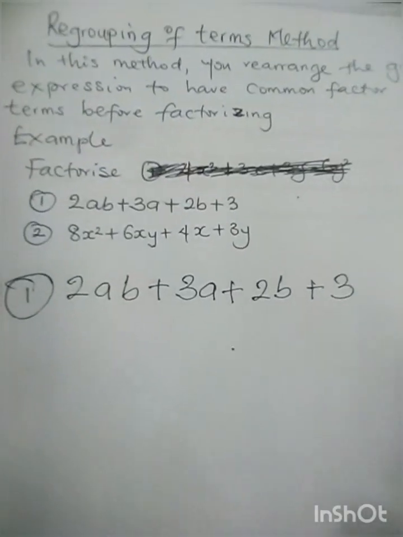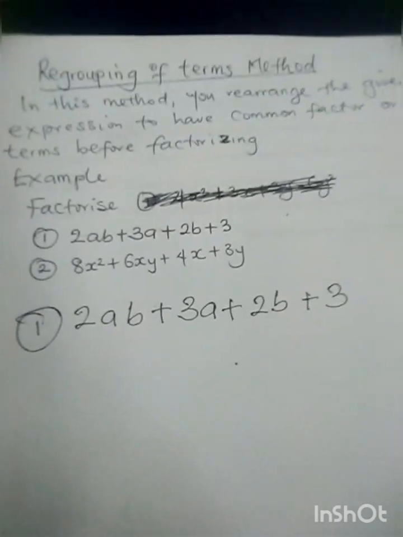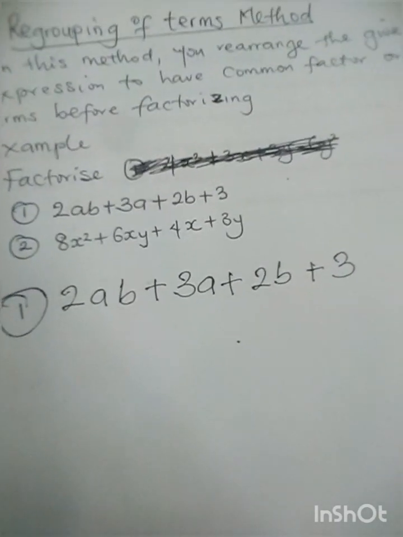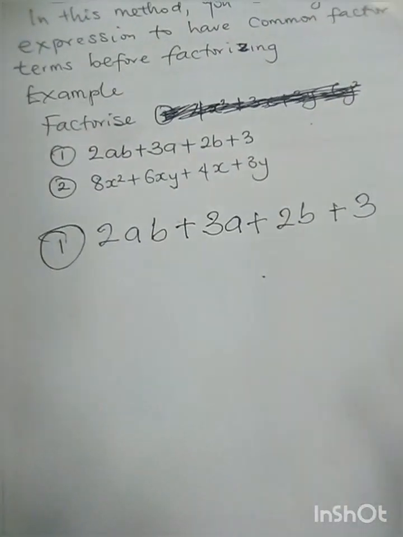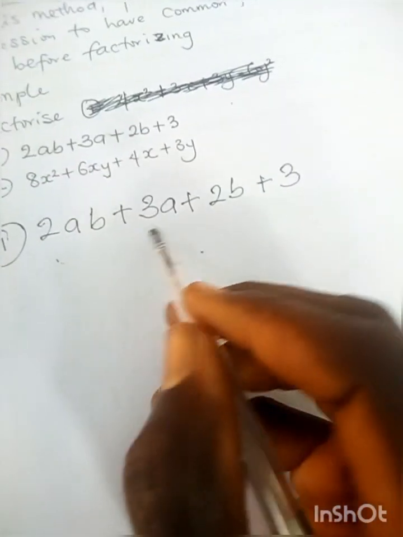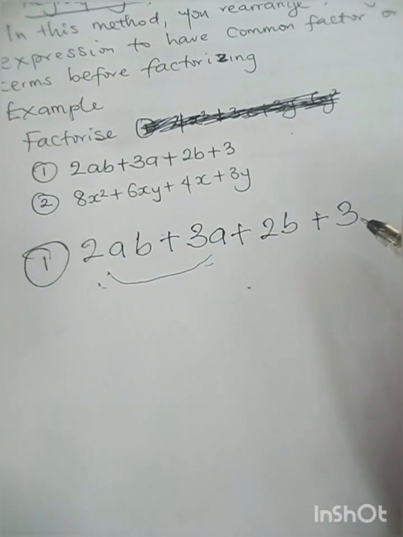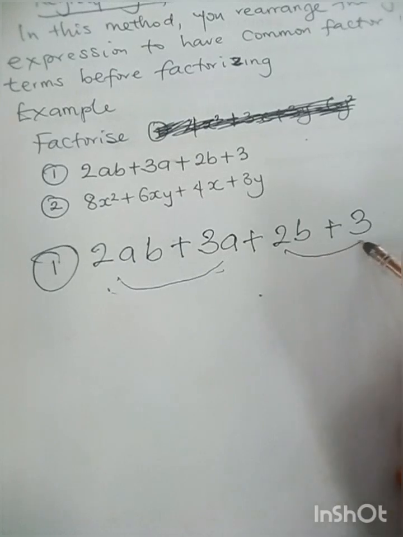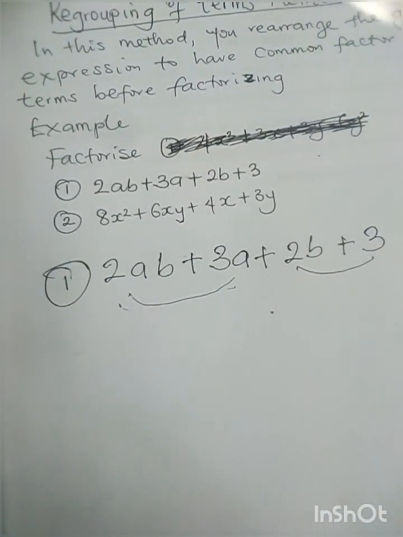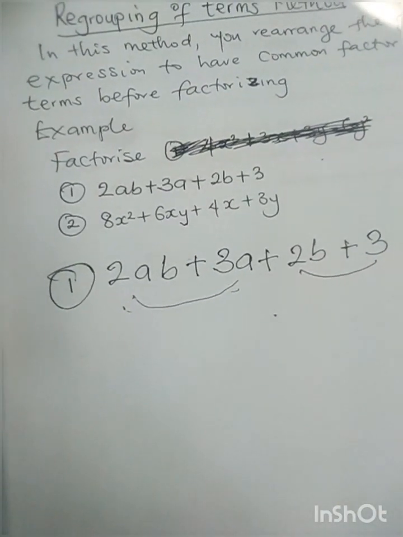Okay, we have here 2ab plus 3a plus 2b plus 3. Now what's common here? Now we can take these 2 as 1 and decide to take these 2 as 1. But can we get anything common?